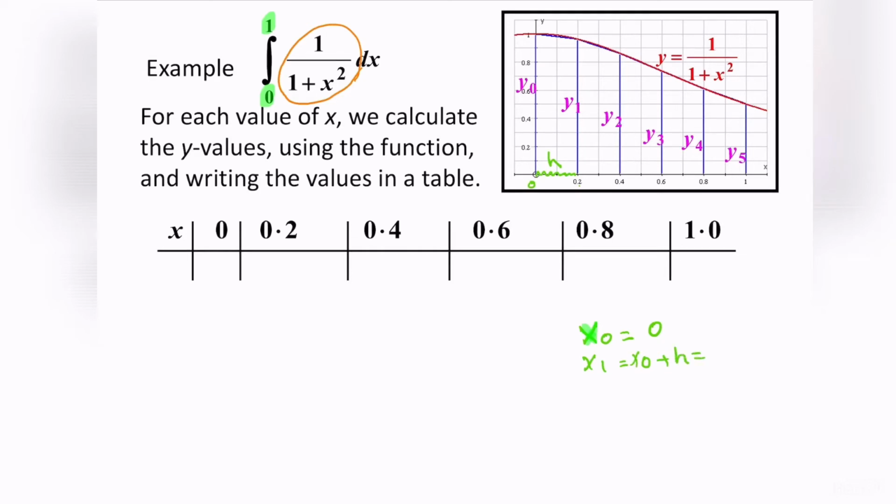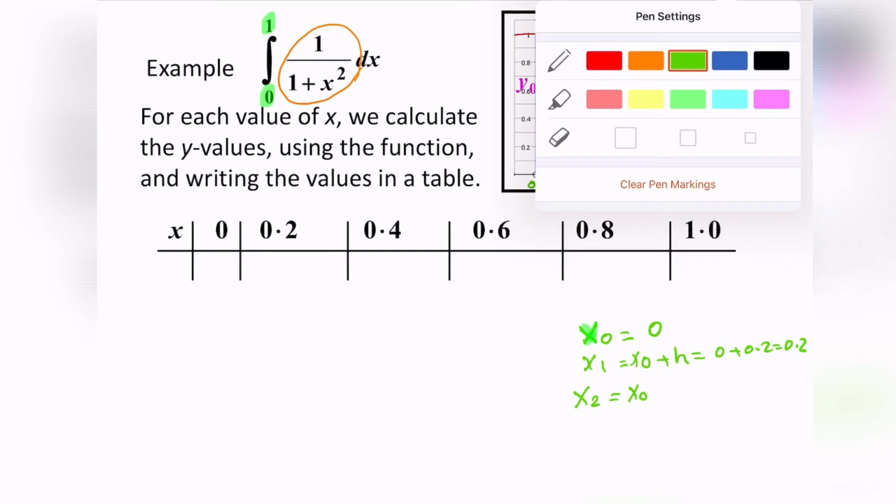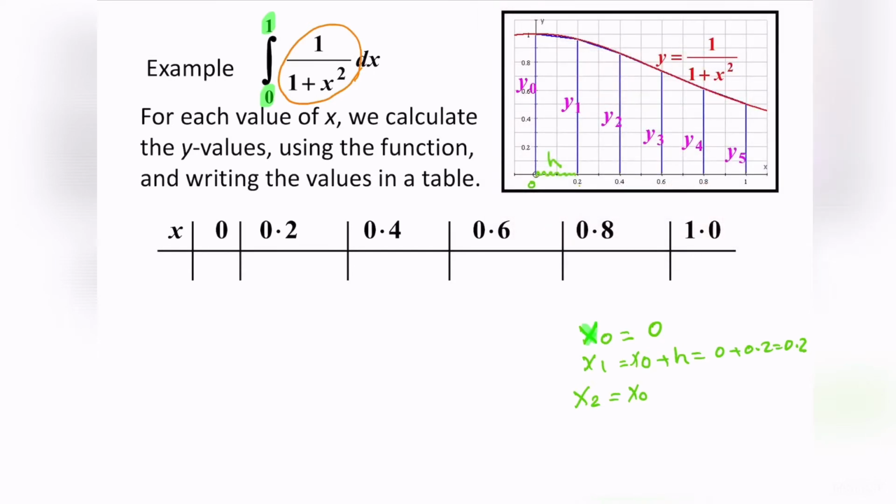So that will be 0 plus 0.2, which is 0.2. And the second value of x is going to be x naught and how many h? 2h. This and that, the red ones. So it's going to be x naught plus 2h. So that means 0 plus 2 times 0.2, which is 0.4.